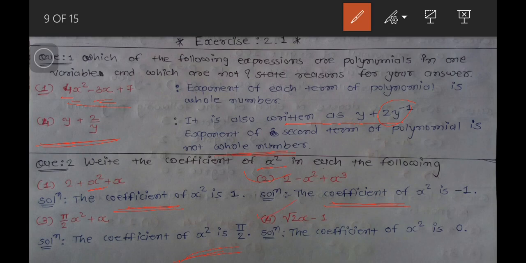Fourth one is root 2 x minus 1. The coefficient of x square is 0, because here x square is not given. So the coefficient of x square is 0.